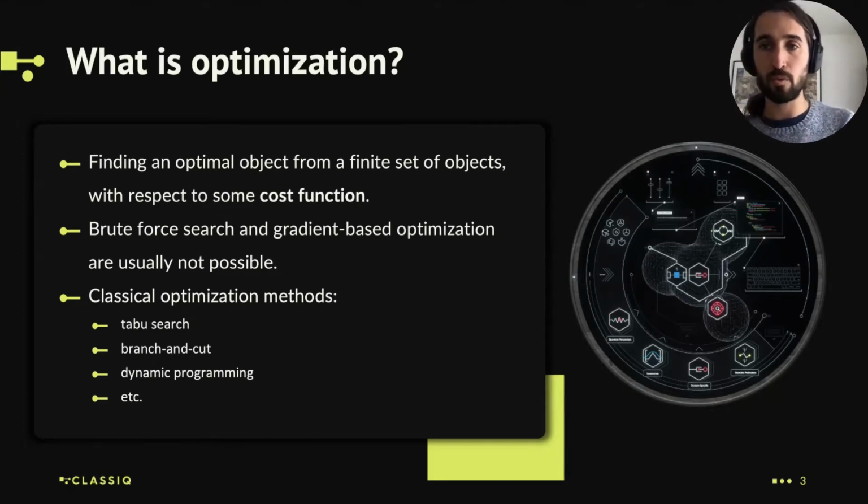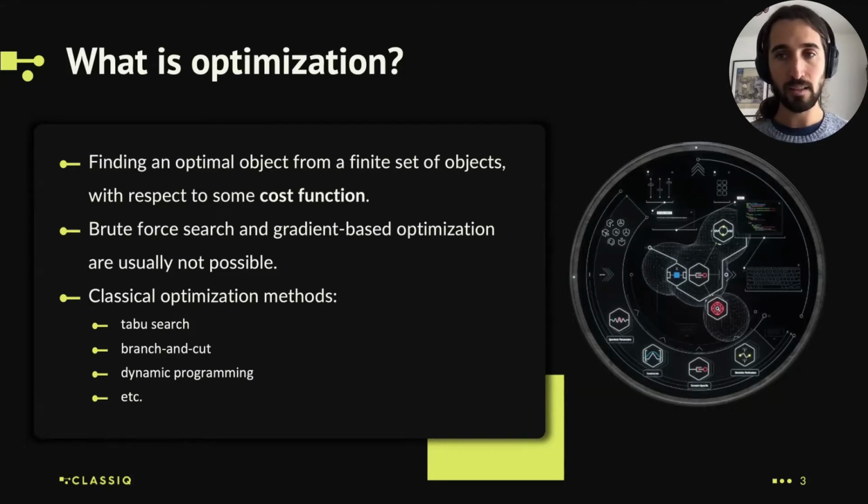We cannot use the well-known schemes from continuous optimization, such as gradient based. It won't work. We cannot define the gradient. And on the other hand, many times the set is very large, exponentially large. And if we're just going to try to perform some brute force search, it's going to take a very long time.